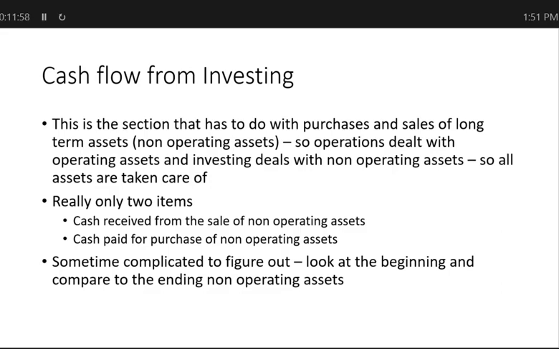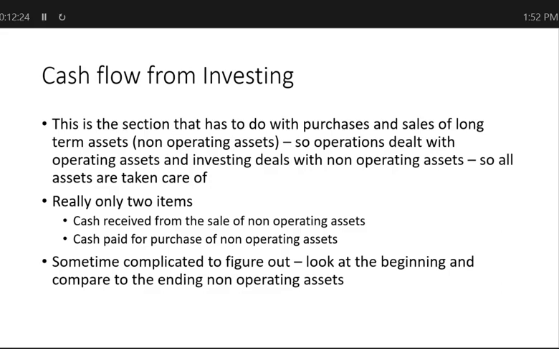Now we move to the second big section, and that's investing. Okay, this has to do with purchases and sales of long-term assets, aka non-operating assets. So if, for the most part, operating assets are current assets, then long-term assets are non-operating assets.